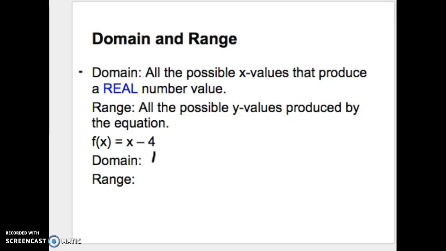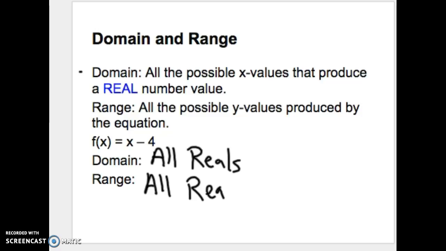So for this, our domain is all reals, or all real numbers. If we think about all the possible x values you could plug in, think about all the y values that are possible. And we get that the range is also going to be all real numbers.